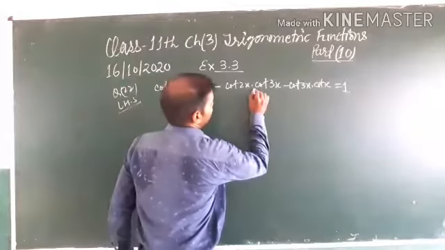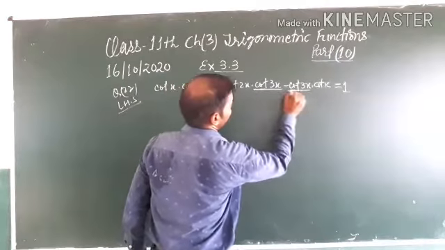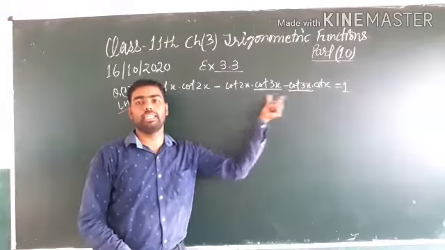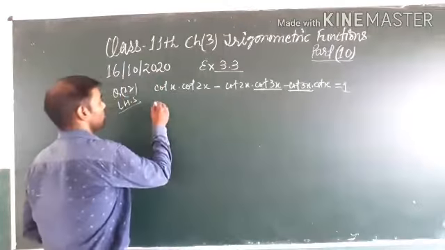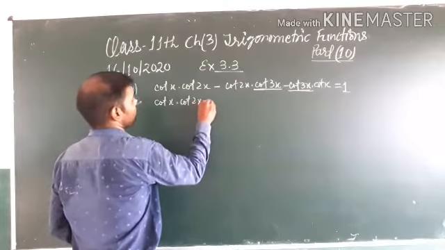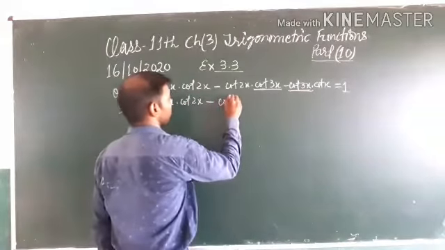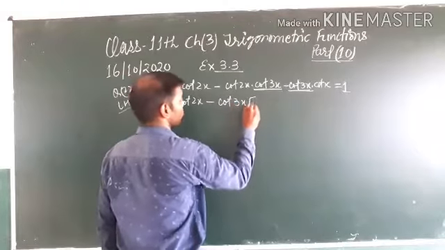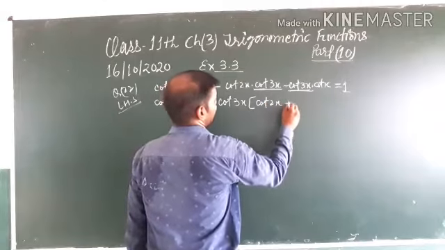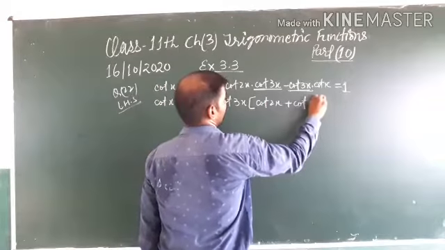Here you can see cot 3x and cot 3x. So we take cot 3x as common from this part and this part. So this is cot x into cot 2x minus cot 3x as common, so we get (cot 2x plus cot x).